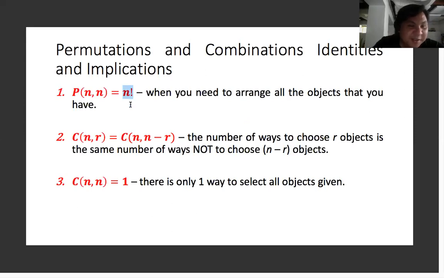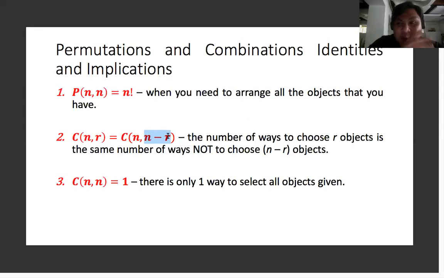Right? C of n taken r is actually the same as C of n taken n minus r. The reason is that if you are going to choose r objects, that means you are not going to choose n minus r objects, right? So out of 5, if you need to select a pair, then there are 3 objects that you're not going to choose, because you're only choosing 2 objects. So the number of ways you can choose 2 objects is the same as the number of ways that you choose which ones you don't want to pick, right?